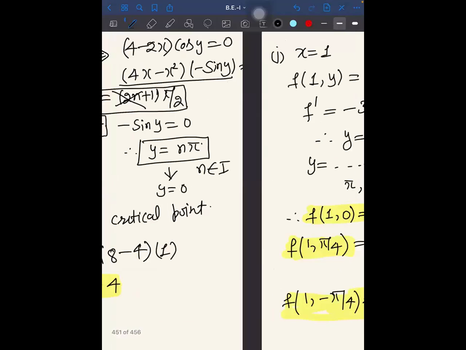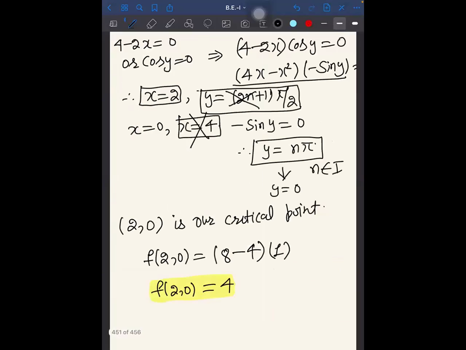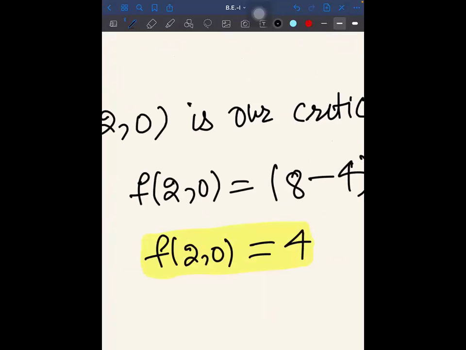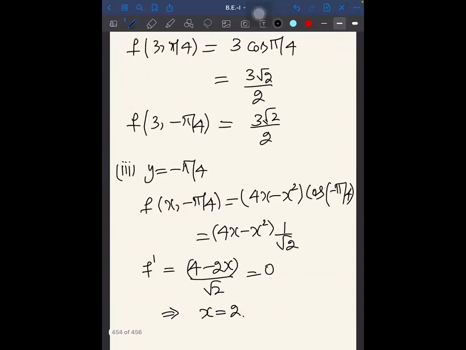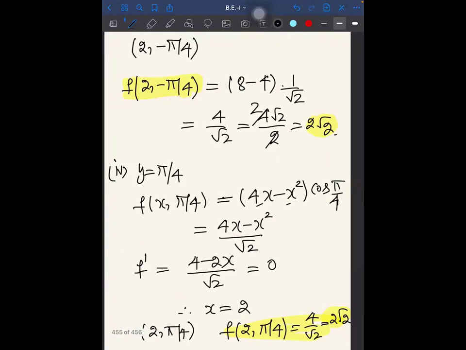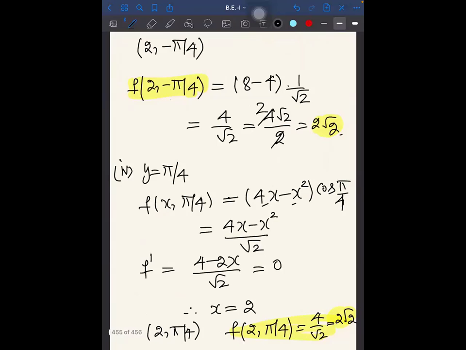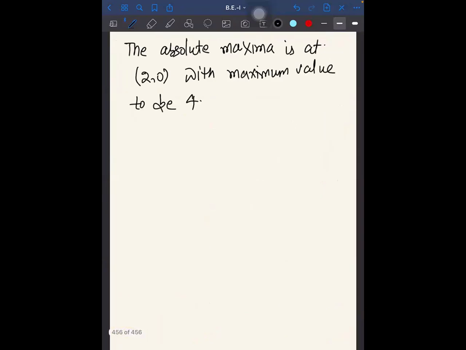Yes, so that is something which we have got in the very first stage here, right? So that was our local maxima, which now has become the absolute maxima because it is giving us the value more than at any other point. And if you calculate the minima, that is already same. We have got over here, that is 3 root 2 by 2, right?